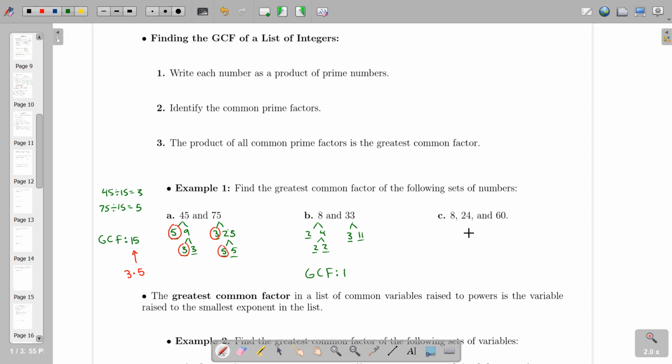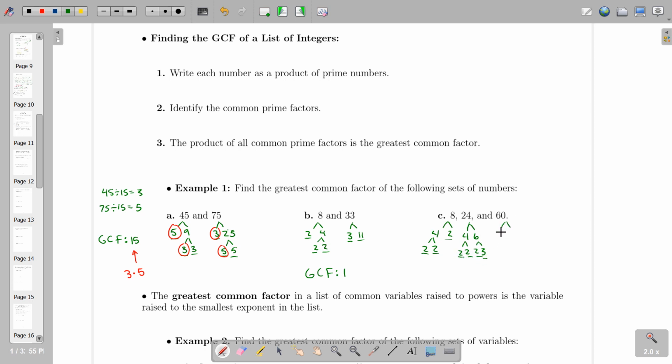All right, 8, 24, and 60. Maybe try this both ways. Try thinking about what you think the biggest thing that goes into all of them is, and then try the prime factorization. So 8 is 4 times 2, which is 2 times 2 times 2. 24 is 4 times 6, which breaks down.